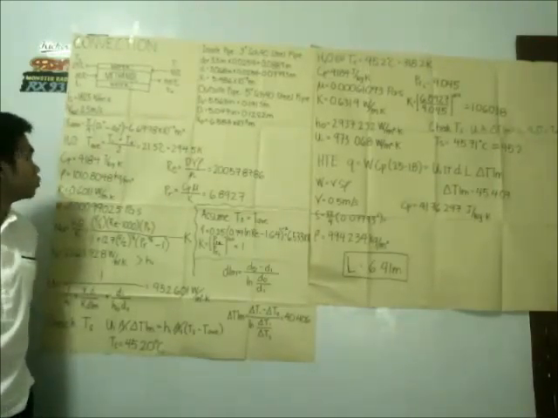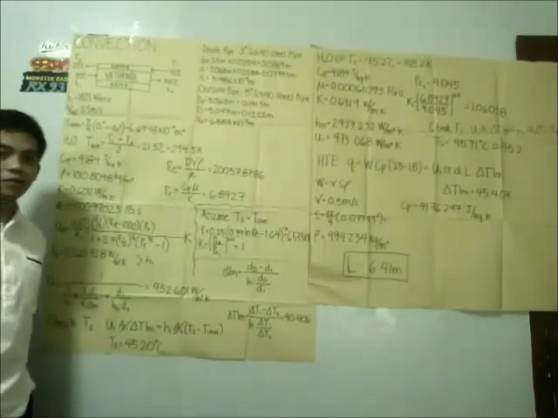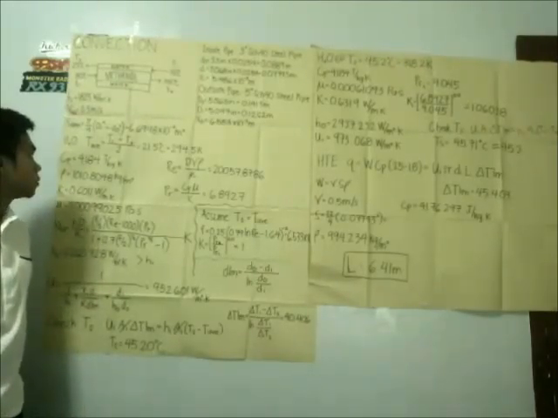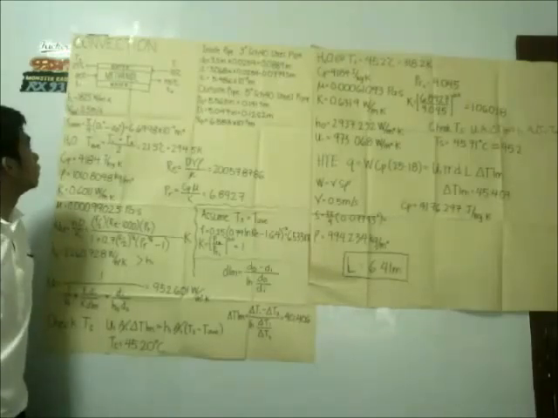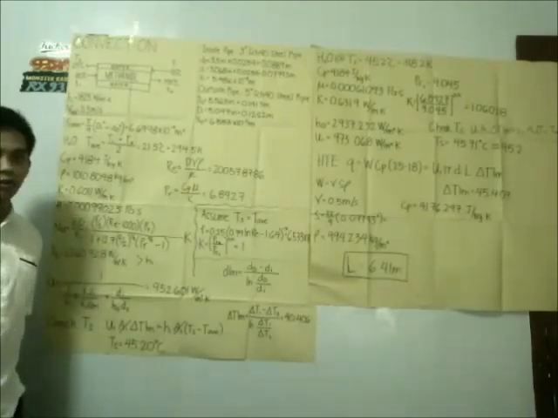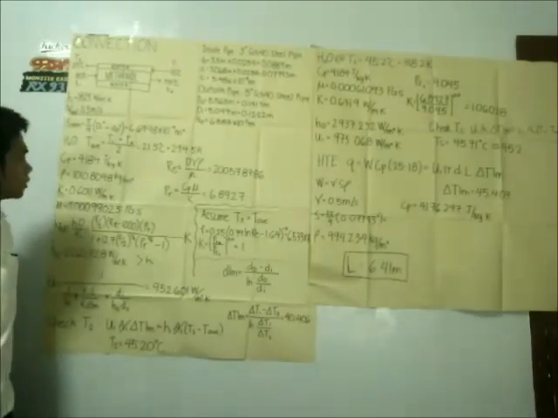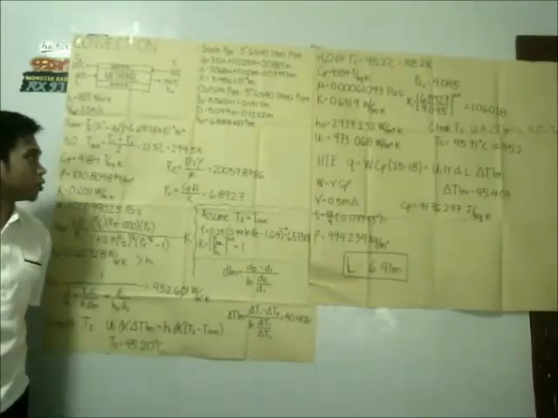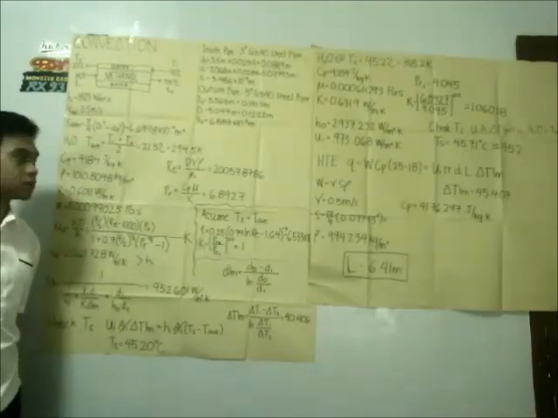First, we must assume the surface temperature to be the average temperature of the cooling water flowing through the annulus, which is calculated to be 21.5 degrees Celsius or 294.5 degrees Kelvin.